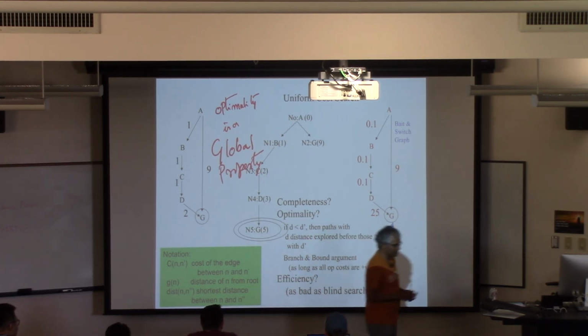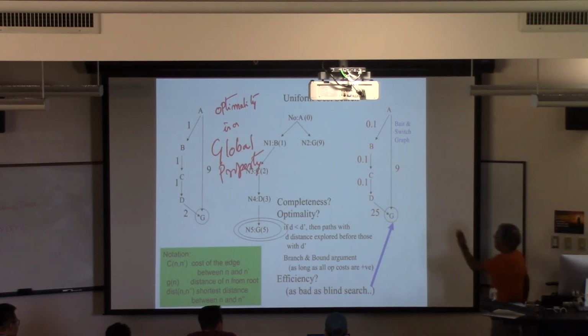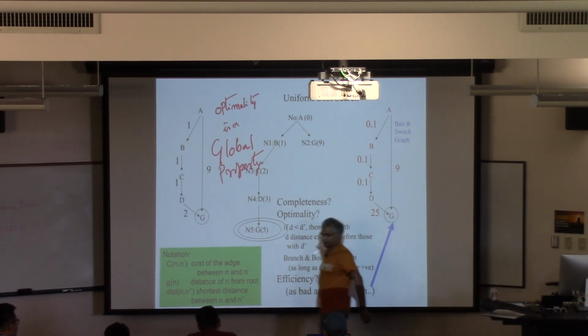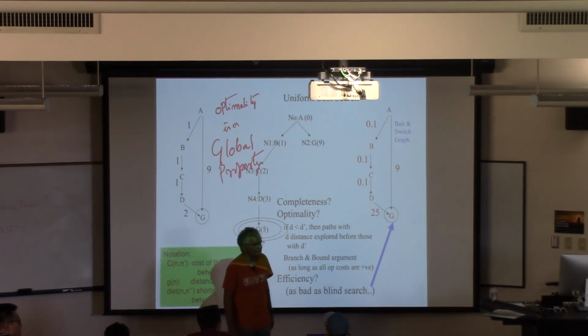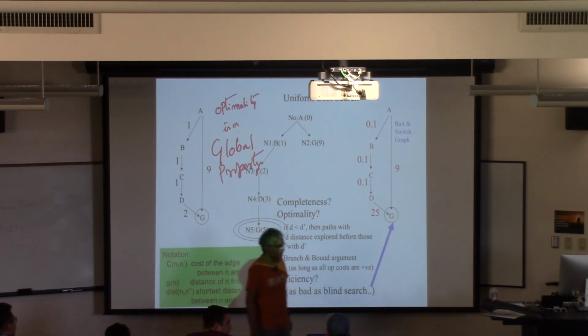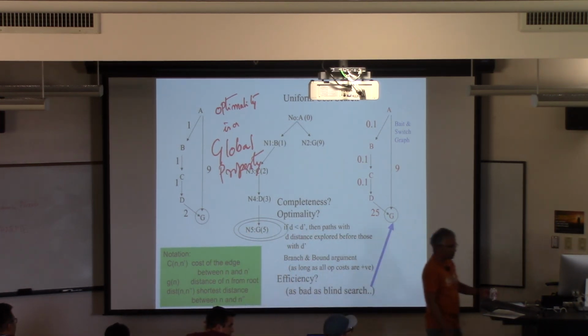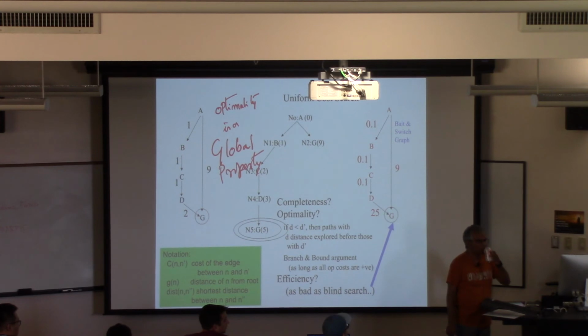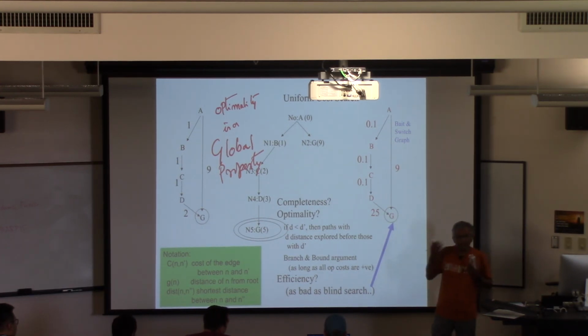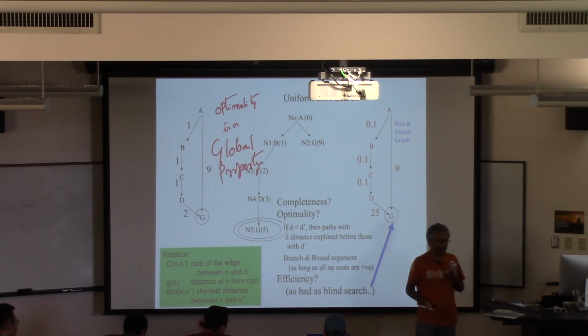Okay, fine. A student asks: should we consider the g-value as well while considering the time complexity? No. In computer science we use order of magnitude notation. The biggest time consumption happens for node expansion.